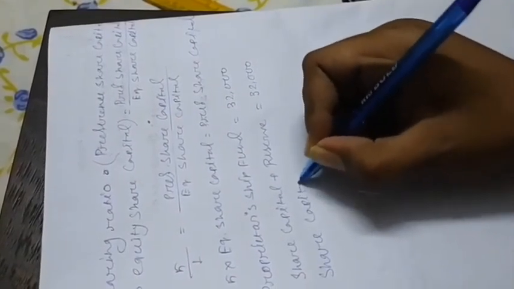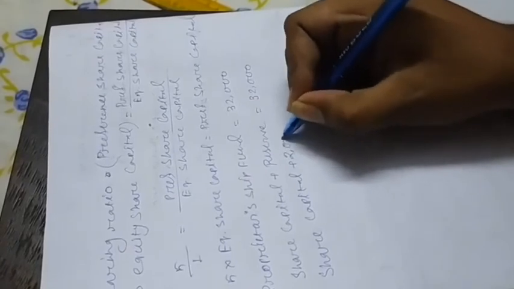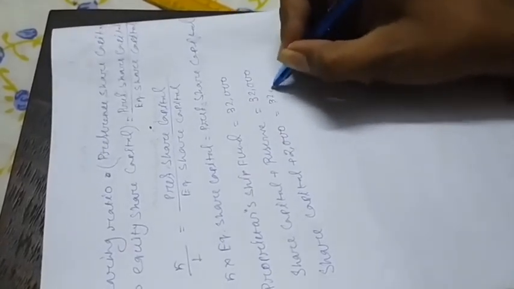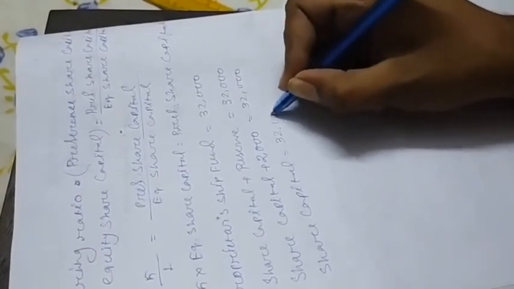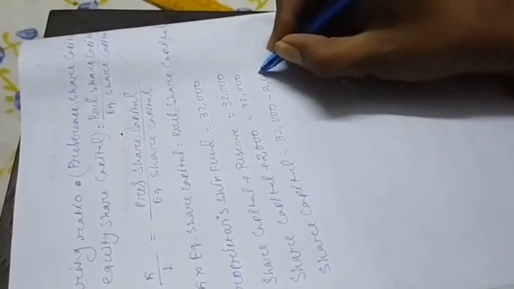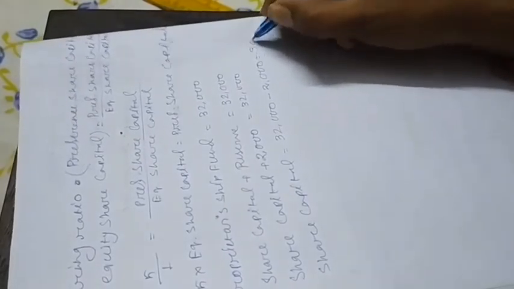The sum of share capital and reserve and surplus is 32,000, so the value of share capital is 32,000 minus 2,000, that is 30,000.